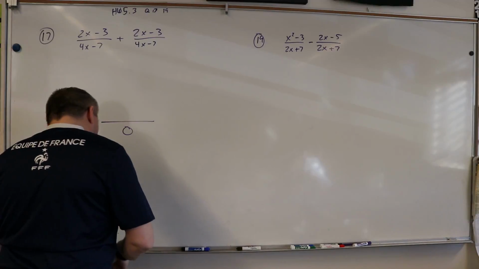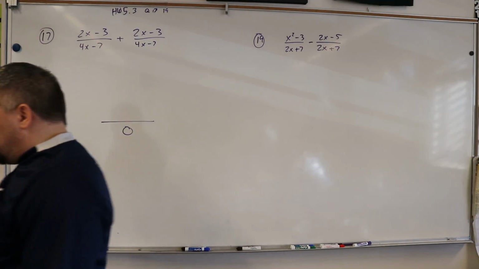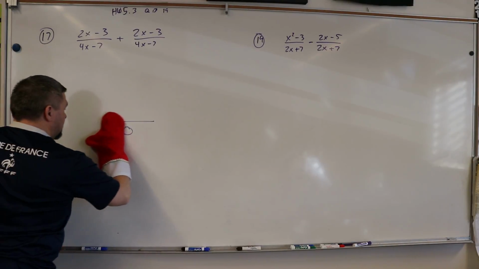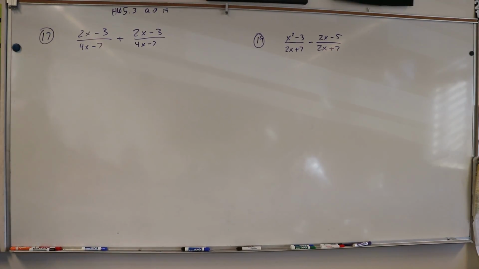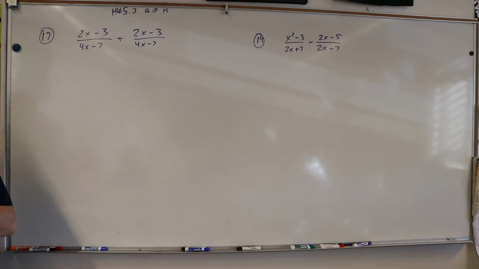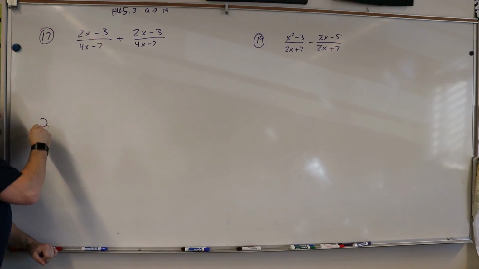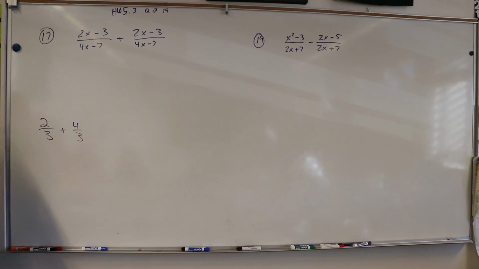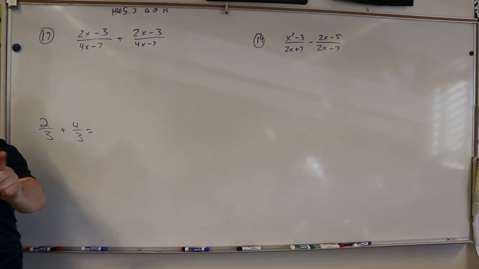Okay. So, my trusty dusty eraser. Alright. So the first thing is we need to add. When you add a fraction, 2/3 plus 4/3, right? What's it equal? 2. You said 2, which you're right, but first give me another answer.